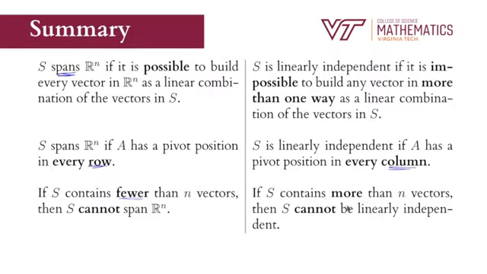So a set that's too skinny can't span. A set that's too wide can't be linearly independent. In chapter 3, we're going to look at square matrices where everything is the right size, but right now we're not there yet, and so our sets might be too wide or too skinny. This summary just has all the contrasts between spanning and linear independence, and I hope that's helpful.